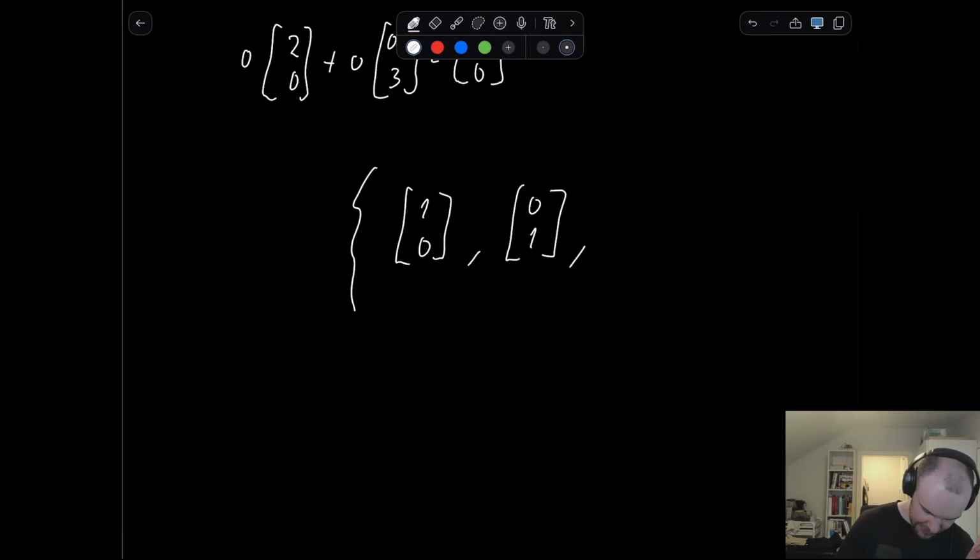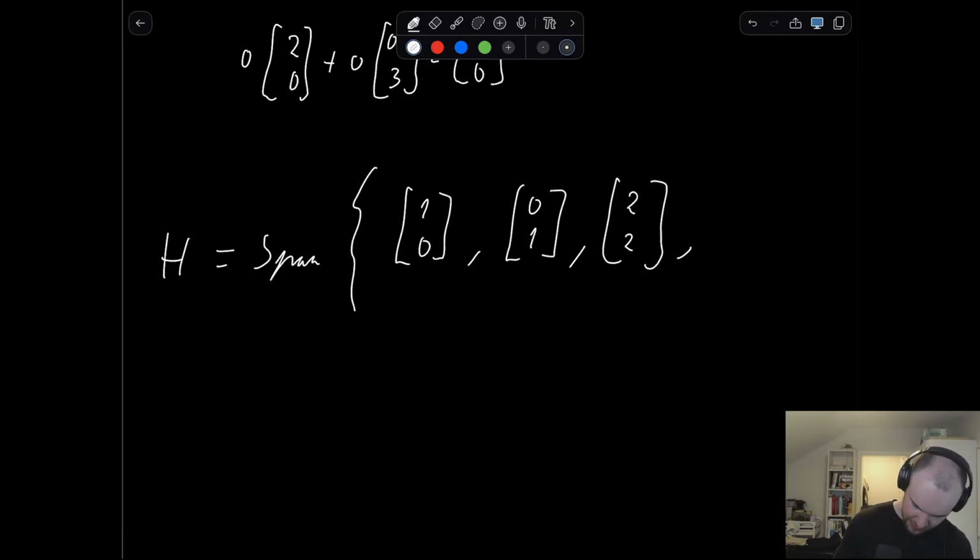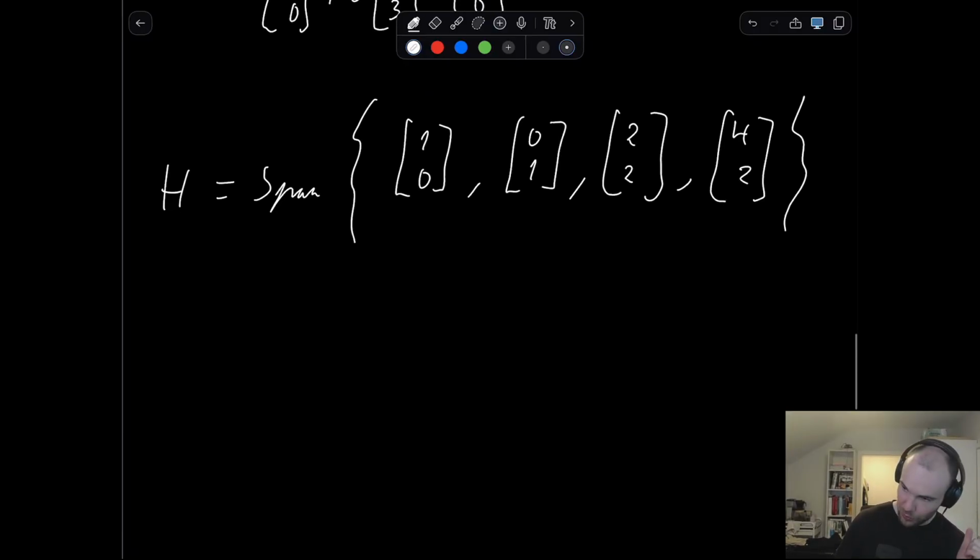Let's say h was equal to the span of this vector, this vector, this vector, etc. Then, if I can remove some vectors from my space h in this case, and it's still h, and if I can keep on doing that until it's not h anymore, until I hit that limit, then I of course would develop the basis for h, right?